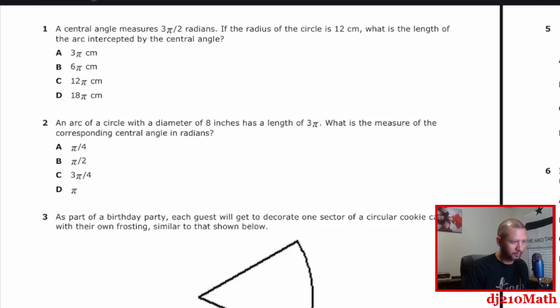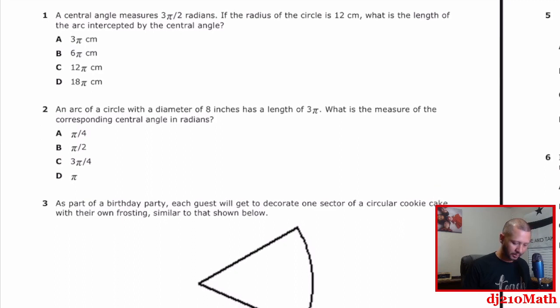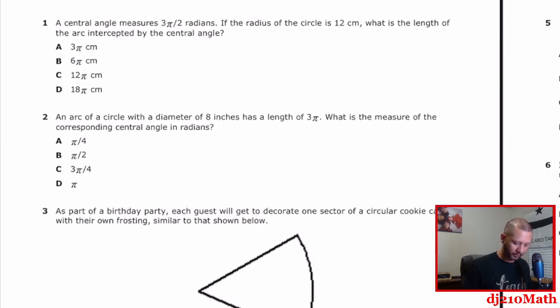All right, so let's do some radian problems. So the big idea is that if we want to find, there's a formula for the arc length.